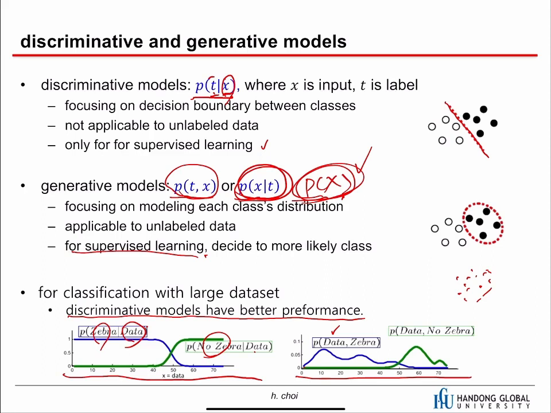But when we have a large data set without the labels, so we have a lot of data samples X and only a few data samples with X and T, then these generative models could be better than discriminative models, even though this is a classification problem. So you don't have to understand everything here. We're going to get back to these problems later. This is just the introduction of the machine learning chapter.